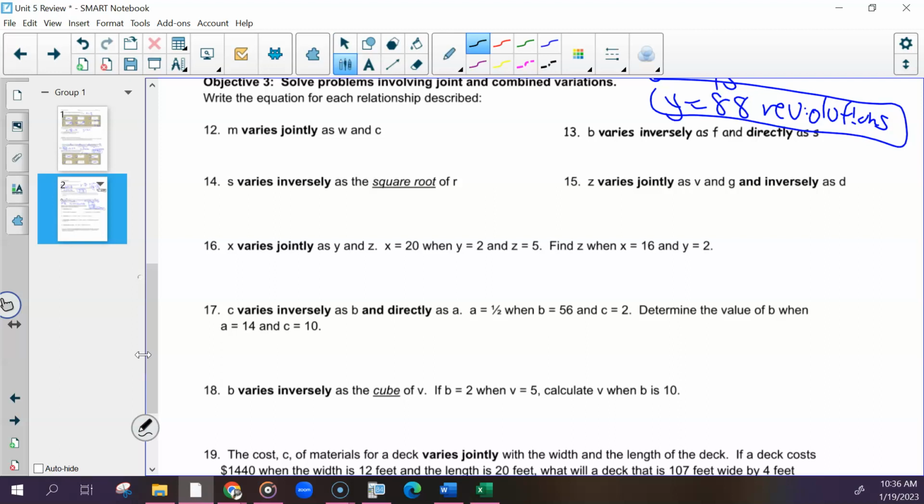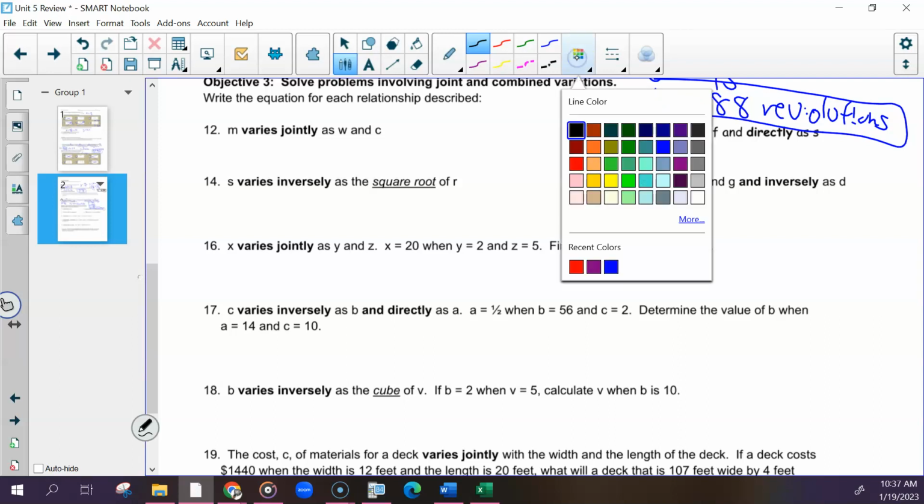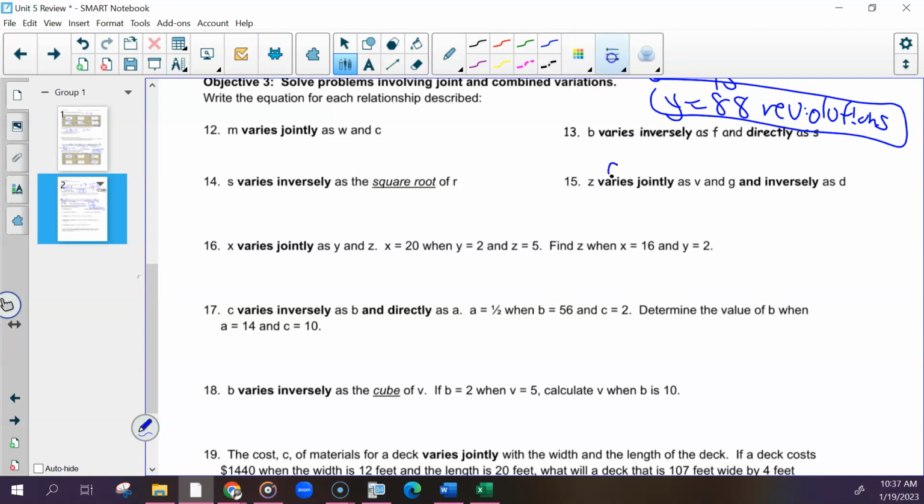Alright, so these first four are just, can you write the equation? You're not solving anything, they didn't give you any numbers, so just write the equation. Z varies jointly, so remember that jointly and directly you are multiplying the variables together. I'm going to write that as a small note. That means inversely you are dividing.